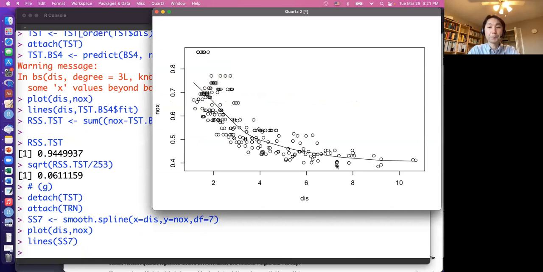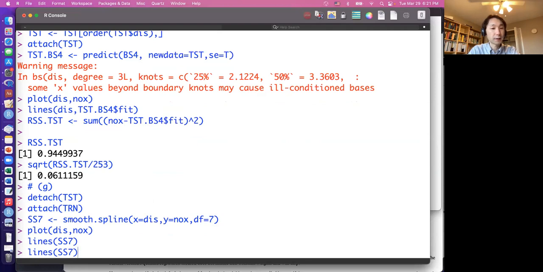I don't know how much difference it has compared to BS. Maybe I should say BS7, but I named it BS4 because it has 4 components. So lines BS4, maybe we change the color into 2, red color. BS4 probably does not work.